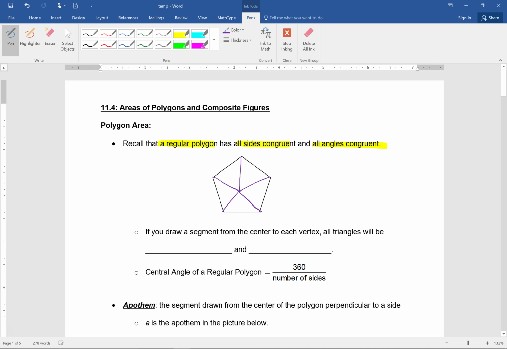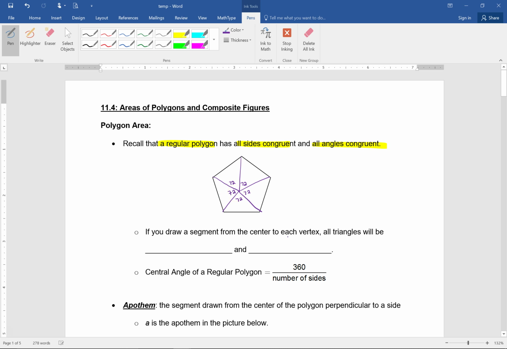Okay? When I do that, how much is this entire angle here that makes a circle? 360. And how many of those angles do I have? 5. So each of them will be how big? If you divide the 360 equally into 5, each of them are 72.